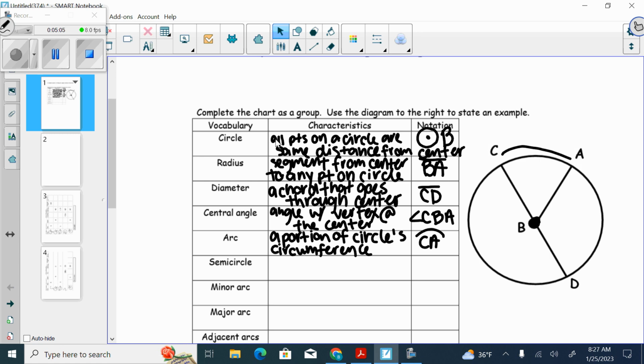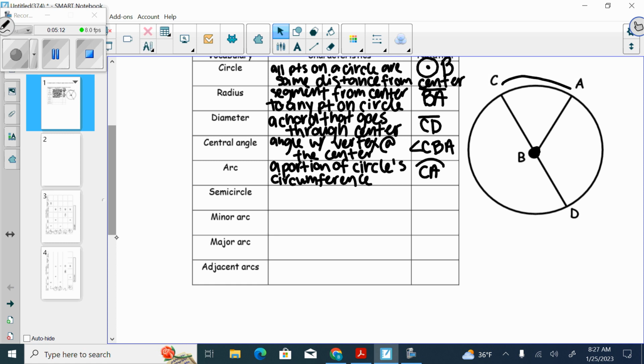Okay, very good. All right, then we have a semicircle. What's a semicircle? A half circle, right? And it measures exactly how many degrees? Good. All right, what would be an example of a semicircle over here? Very good.